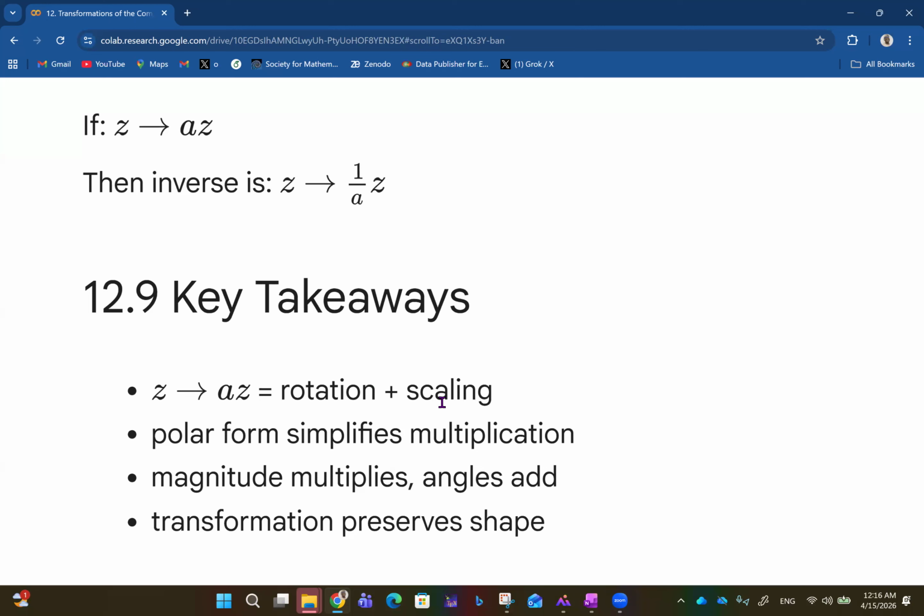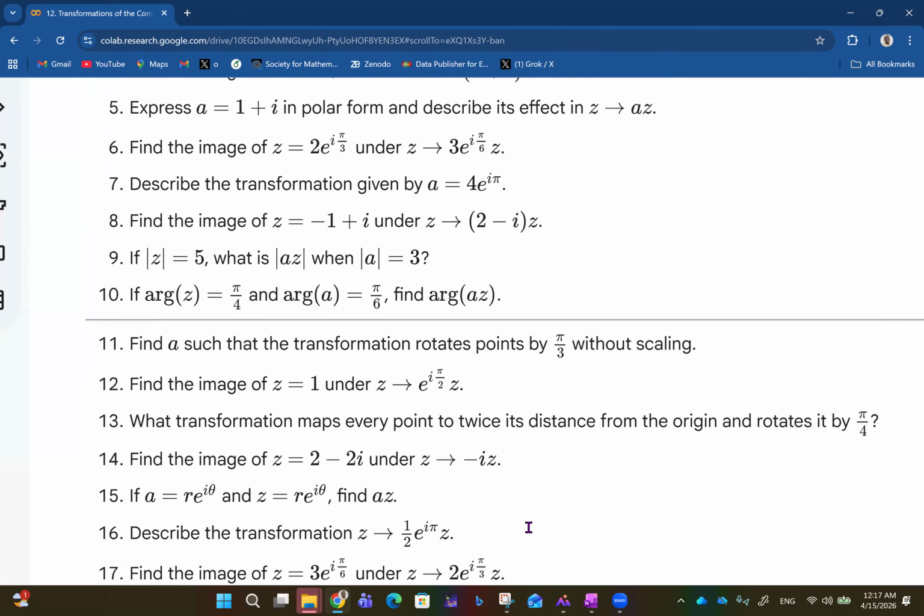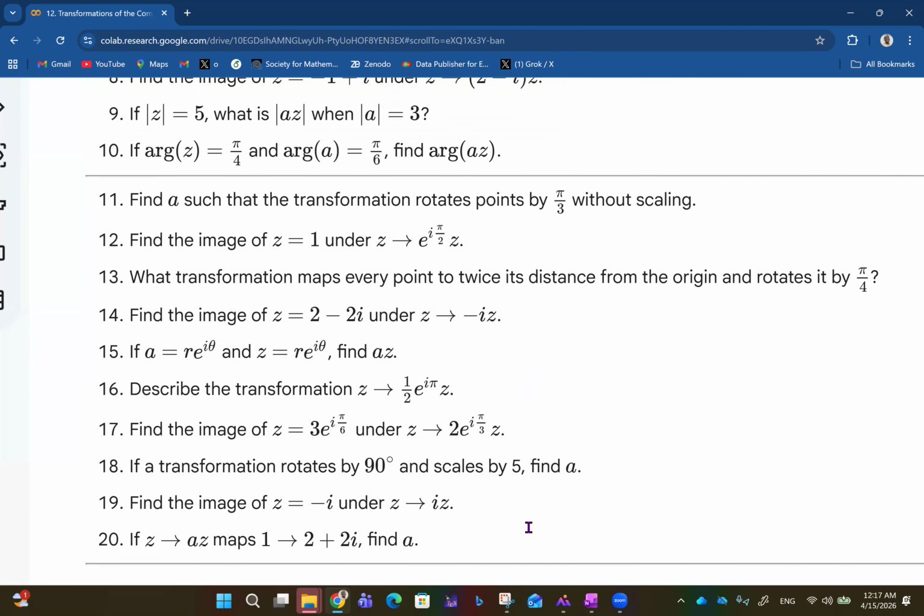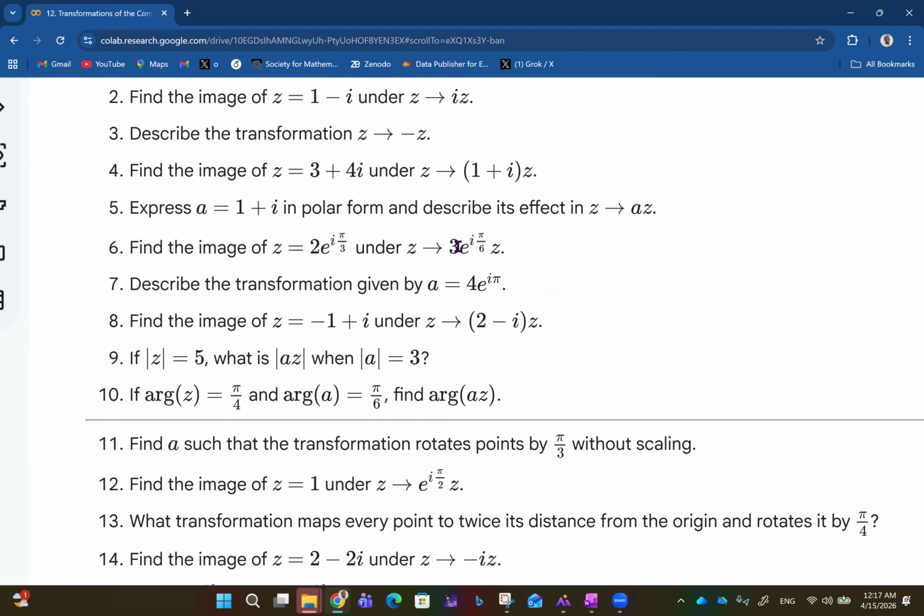So we come to the practice problems, and as usual, I'm going to solve two of them. So this is question 1 to 10, and then you have question 11 to 20. Of this, I'm going to solve problem 6. Find the image of Z equals 2e^(iπ/3) under Z mapped to 3e^(iπ/6)Z.